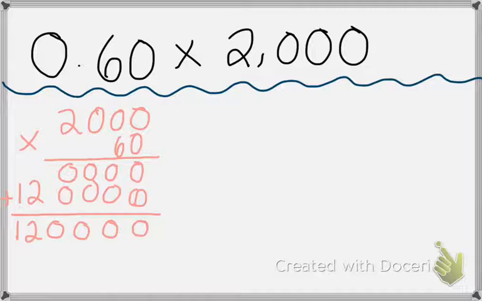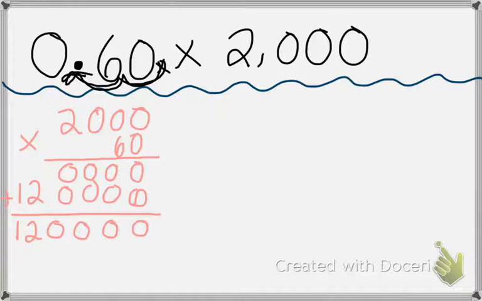So we did 2,000 times 60, and it ended up getting 120,000, but we have to add the decimal point back in. So when you look at what we had in the first place, we had the decimal point here. So you have to see how many decimal places you moved from the right side. So if we're here, we moved how many spaces? 2. It's always from the right. So 1, 2.